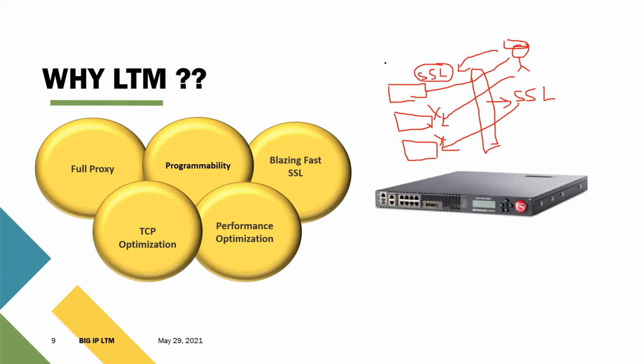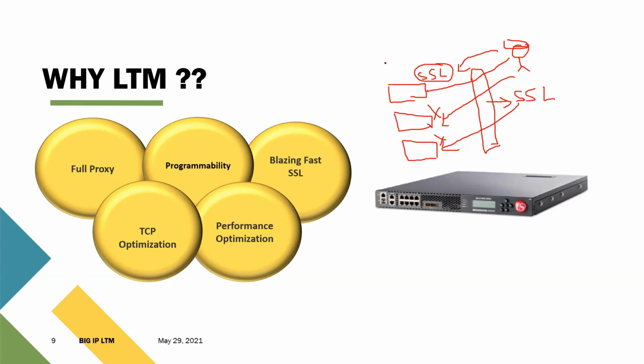You can utilize LTM to deliver some of the functionality of an actual server, which means you can choose to offload some of the heavy lifting tasks of your actual server to LTM. Your server will only serve what it is meant to serve. Just like for an example, we talked about SSL. We can choose to offload the SSL from the server to LTM. Of course, that will reduce some load on the servers.